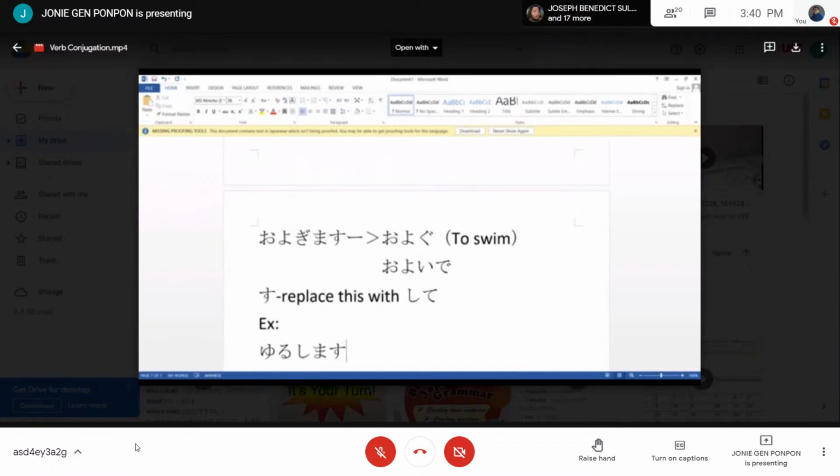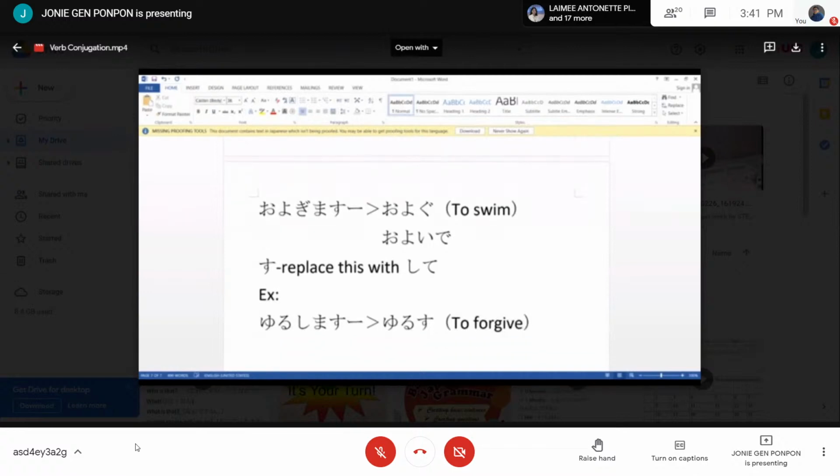Meaning ng yurushimasu is to forgive. The jishu form of this is yurusu, meaning forgive. So, yung su magiging shite, it will become yurushite. Okay? So, the te form of yurusu, meaning to forgive, is yurushite. Yan. Okay? So, yun.